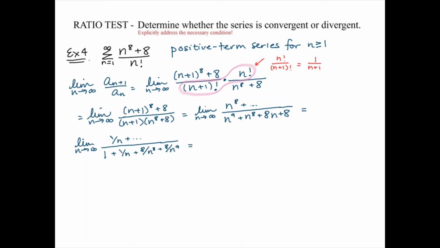So I will wind up with 0 in the numerator, 0 plus 0, etc. And in the denominator, I will wind up with 1 plus 0 plus 0 plus 0, which is 0 over 1, or 0. So 0 is less than 1. The value of the limit of the ratio of the next term to the previous term as n approaches infinity is less than 1. Therefore, this is convergent.